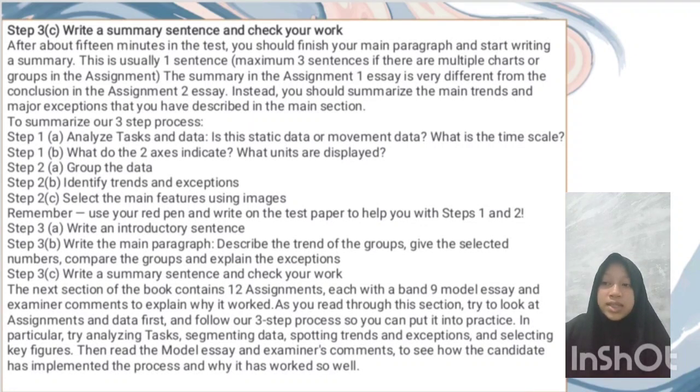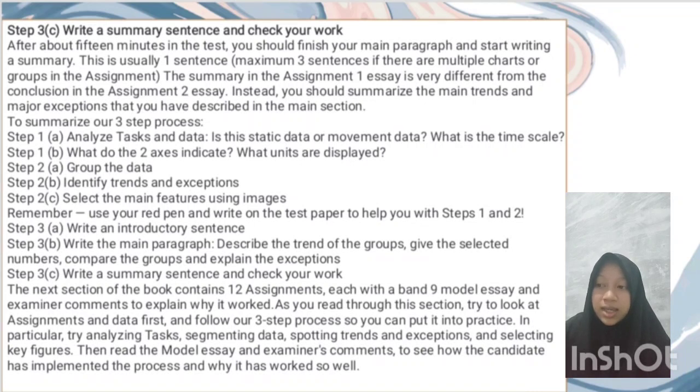To summarize our 3-step process. Step 1a. Analyze the task and data. Is this static data or movement data? What is the time scale? Step 1b. What do the two axes indicate? What units are displayed?